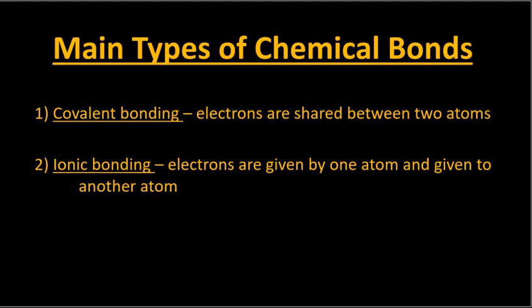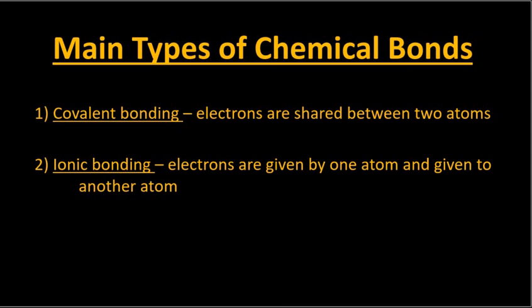The second type that we're going to talk about is ionic bonding. And this would be the last scenario that you saw. This is where electrons are literally given by one atom to another atom. So they come from one atom and go to another atom.